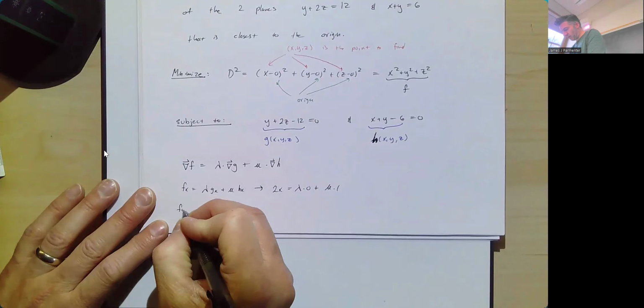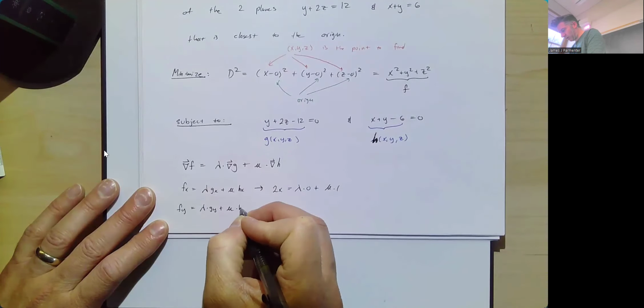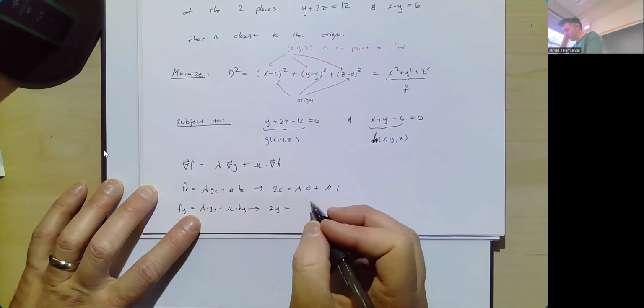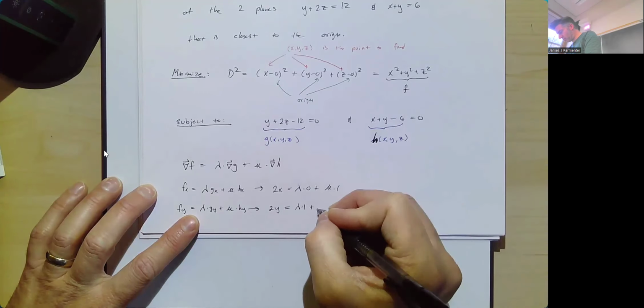Similarly, fy is going to equal lambda times gy plus mu times hy, which is going to give me 2y equal to lambda times 1 plus mu times 1.